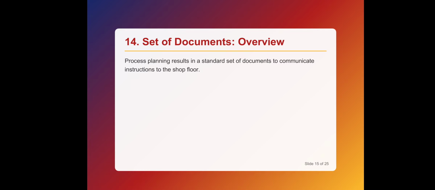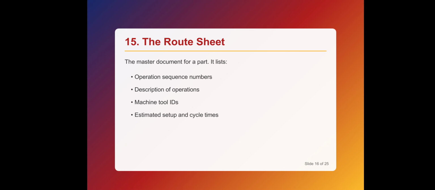So the final step is communication. Here it means that a standard set of documents communicates instructions to the shop floor, which is the final step of process planning activities. The next one is the route sheet, the master document for a part.